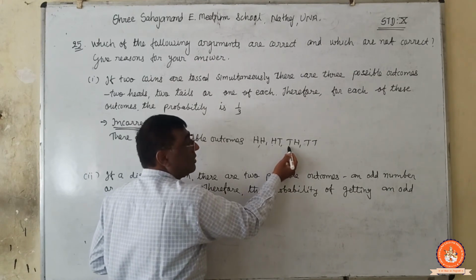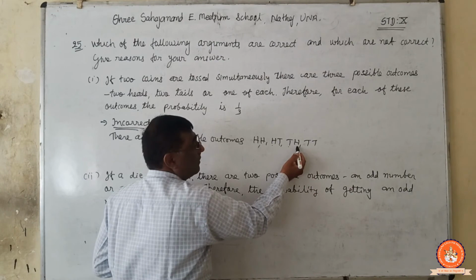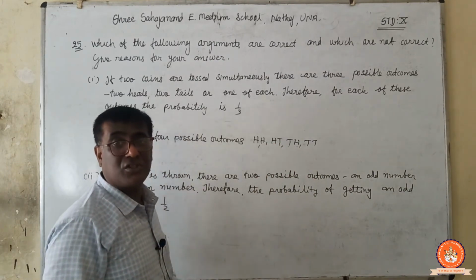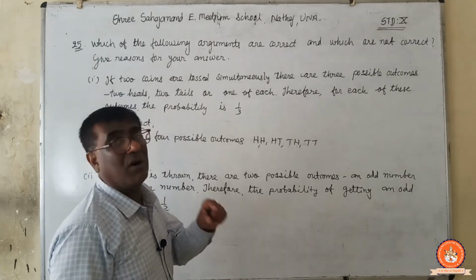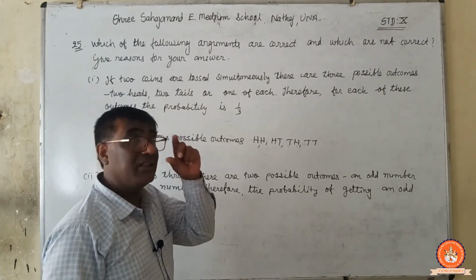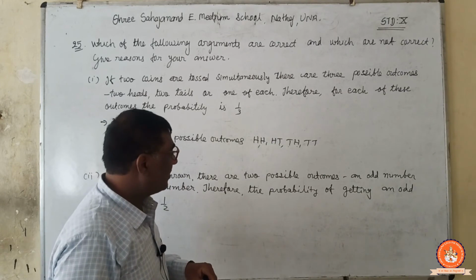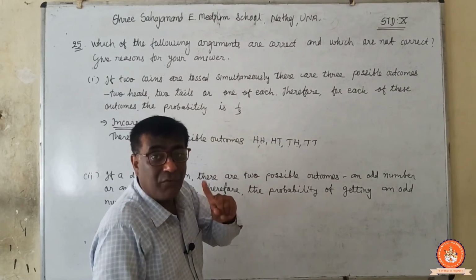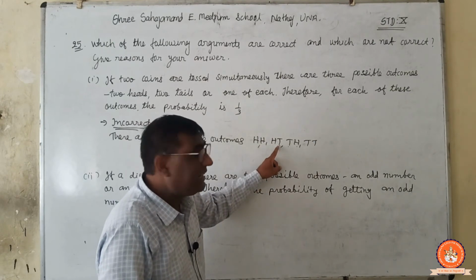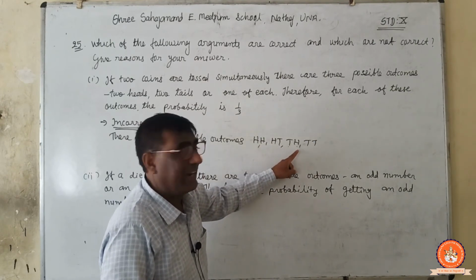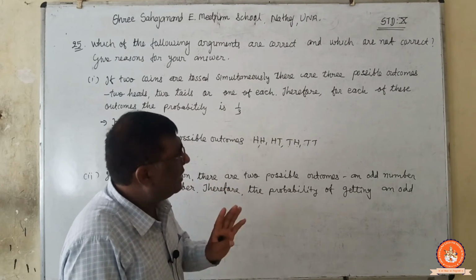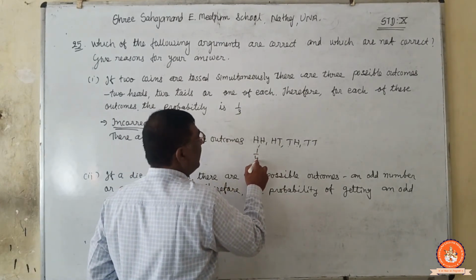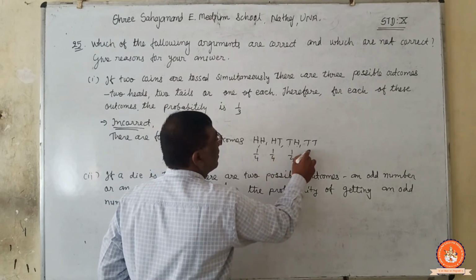It's tail on 1 rupee coin and head on 2 rupee coin. So if it is possible to distinguish 2 different coins, that one of them is 1 rupee coin and the other is a 2 rupee coin, so there can be 2 possible results of getting one head and one tail. It's H and T or T and H.